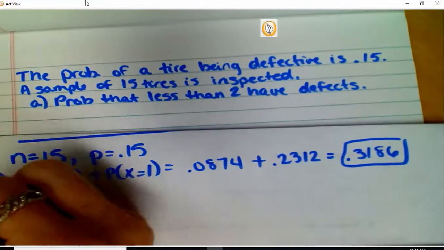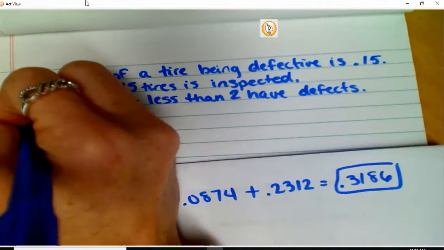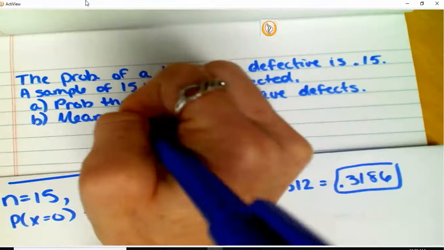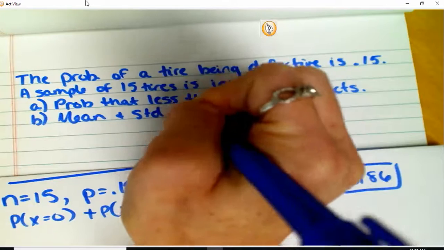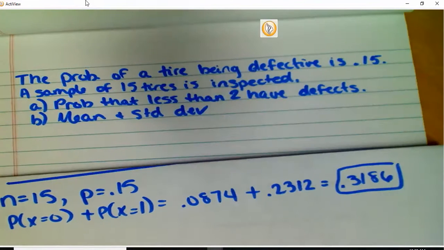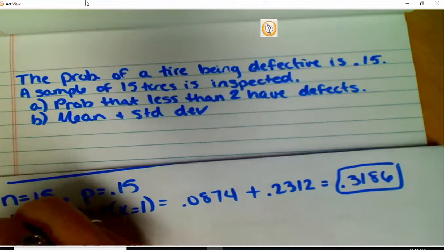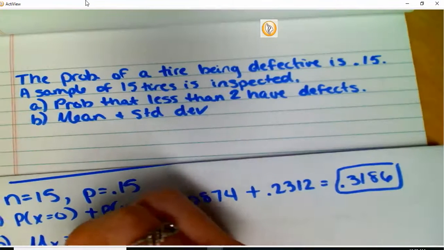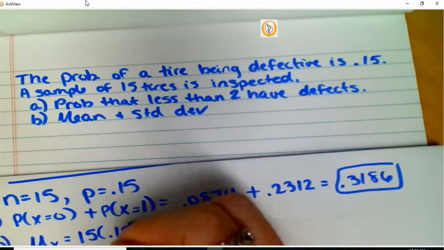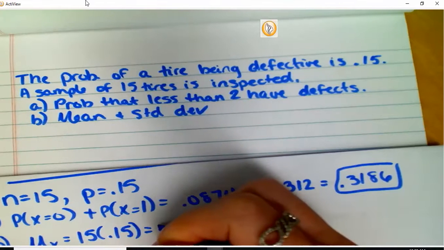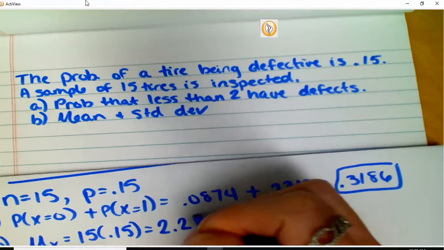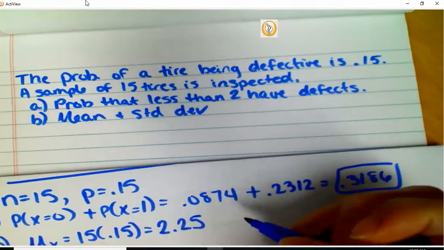What if I asked you for the mean and standard deviation? So it's binomial. How do you find your mean? N times p. So 15 times 0.15 is 2.25.